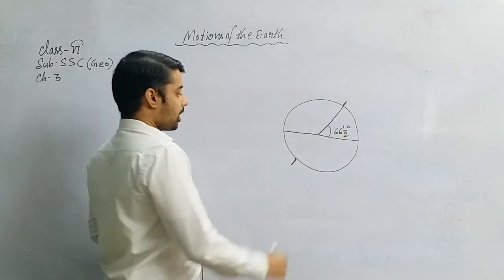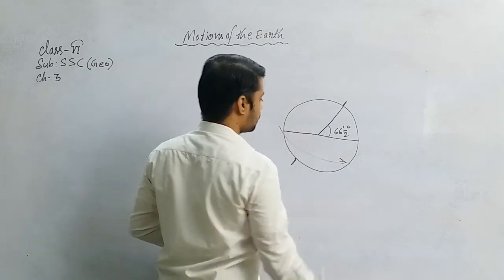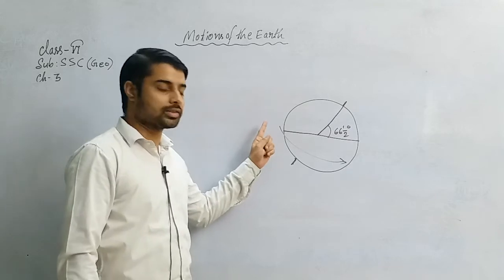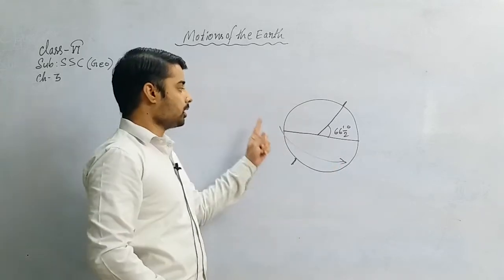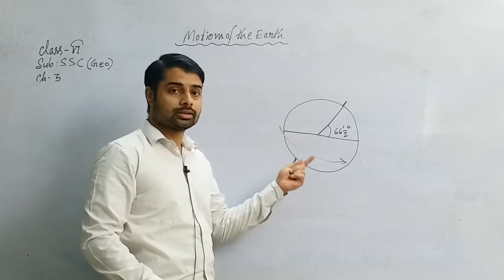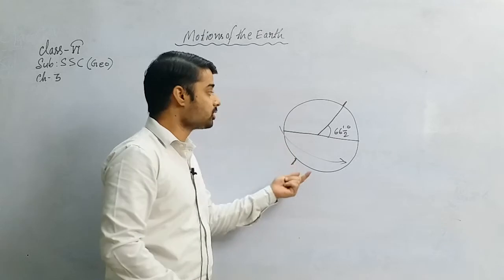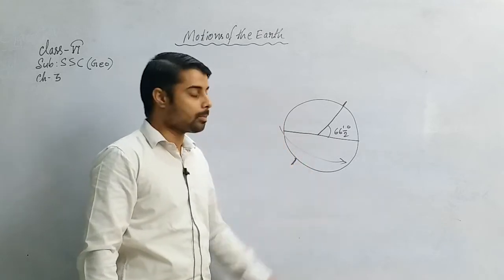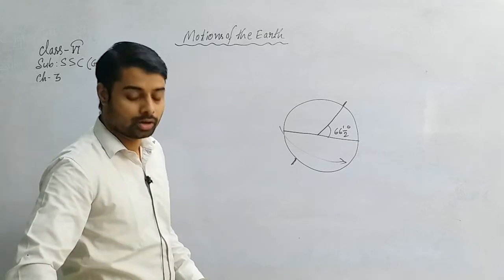Earth rotates on its axis from west to east, and it takes 24 hours to complete one spin, and this movement of Earth is called rotation.